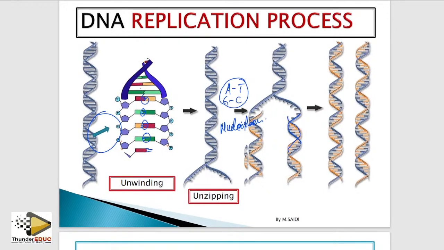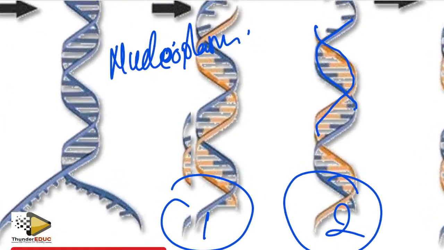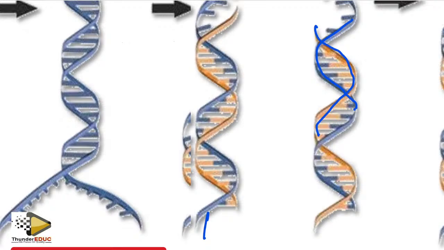Look, you form DNA number one and you form DNA number two. So two new ones are formed, whereby, look at this critically, guys. These two DNA are identical. I'm going to show you how they are identical.